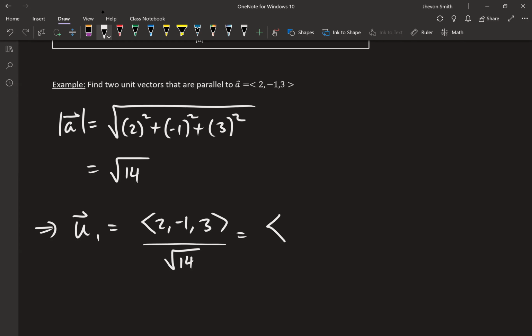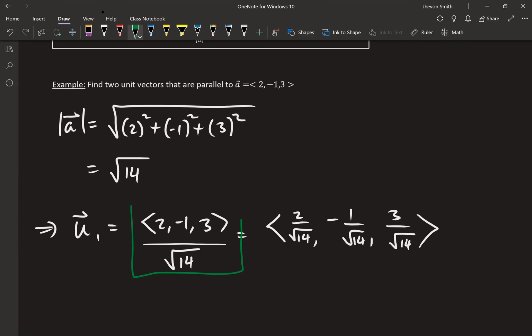Well, this is actually just the same as taking each component and dividing by radical 14. They're both the same. They're both the answers. So that's an answer, or that's an answer. Okay. So that's one unit vector.